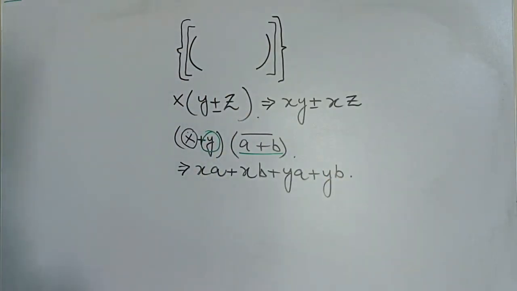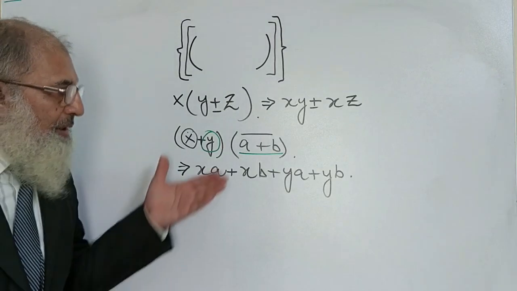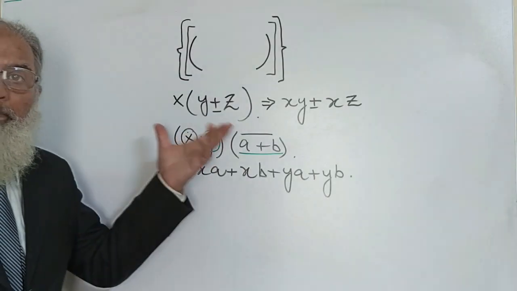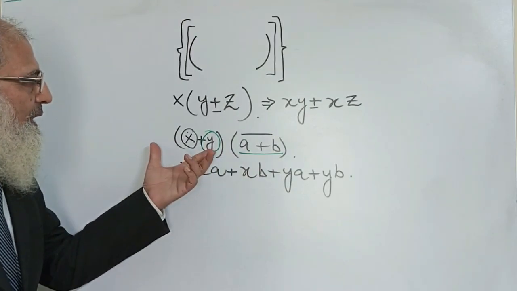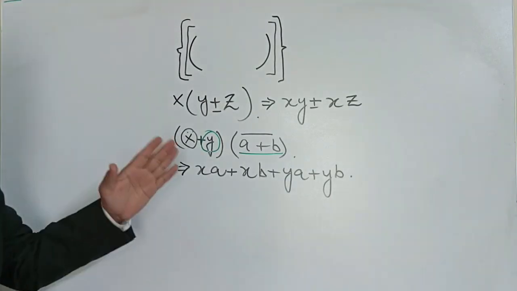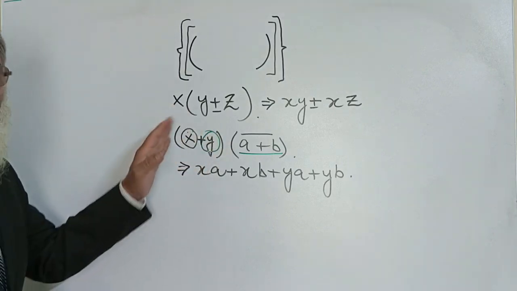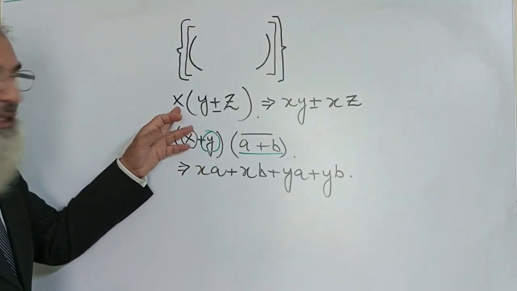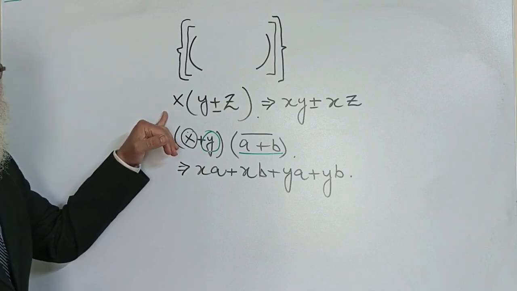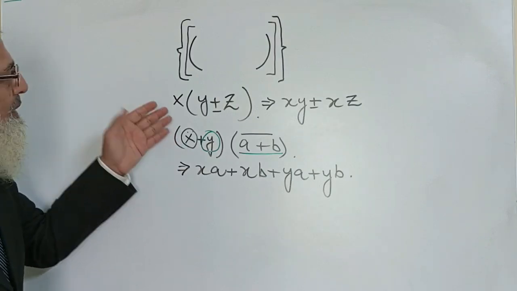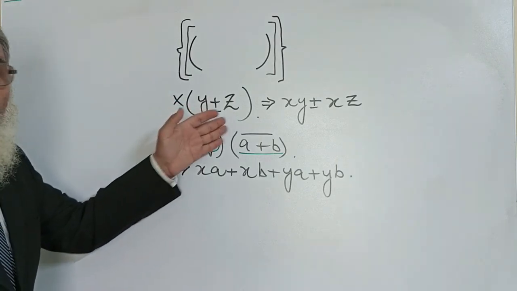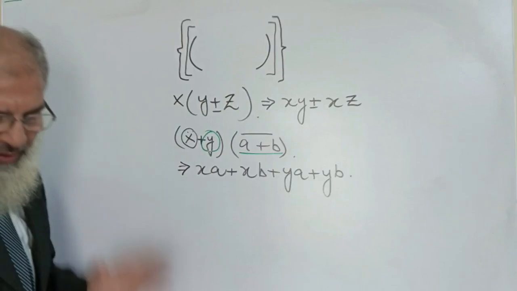So this is an example to demonstrate how we multiply the bracket with the other bracket, or the bracket with anything which is written prior to the bracket. It may be a constant, it may be a term, whatsoever it is, we can multiply it with the members which are enclosed within the bracket.